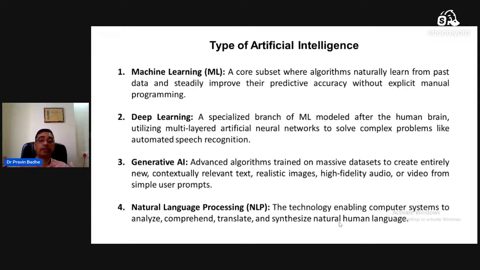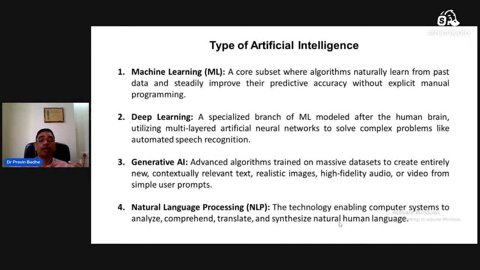Definitely, all of you must be using this, because even Google search now has Google AI in it, and that is an example of generative AI. If you put in text, it is not giving you the search now, but it is giving you the information. So basic information is there, and then you can go much deeper with further prompts.